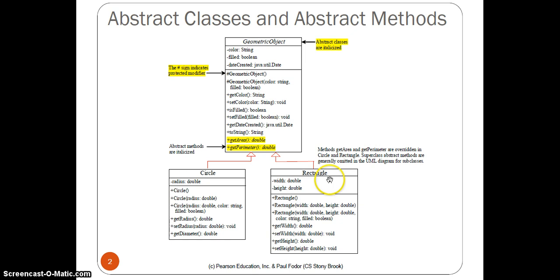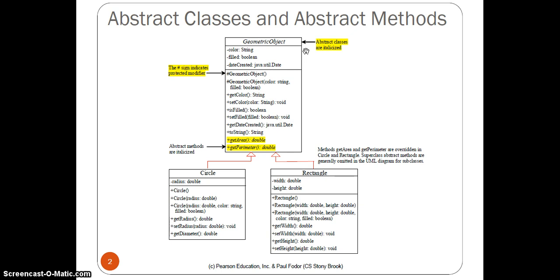Here these two classes are not abstract and hence I have not italicized them. Color, filled and date created are the three members of the geometric object class, and the minus sign prefixed with all the three members shows that these members are private.